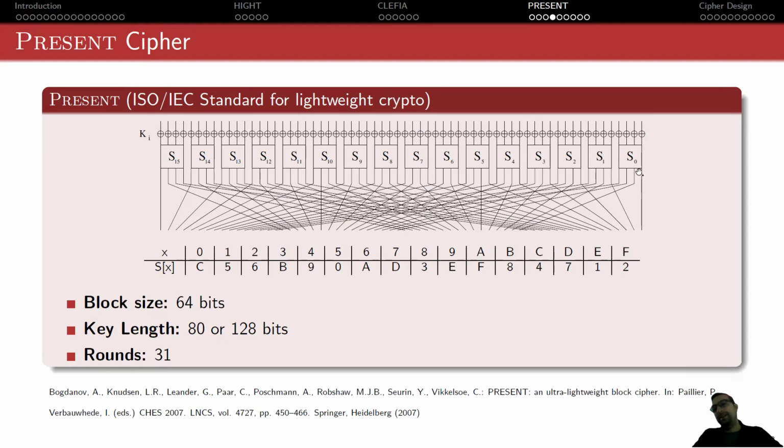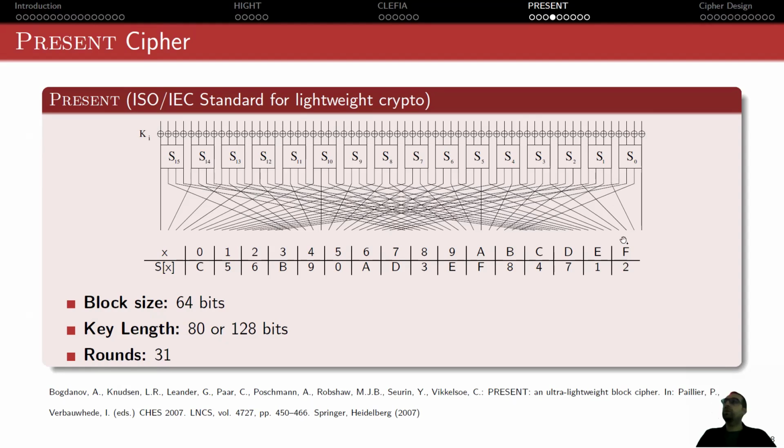Then the places of the bits are swapped. For instance, this 0 bit stays here. So in the next round, it will also come here. But the first bit goes here. So in the next round, it will affect S4. And this one goes here, and it will affect S8, and this bit goes to S2, okay?